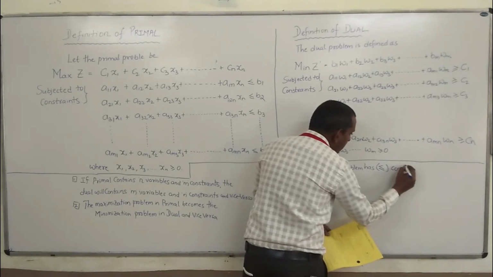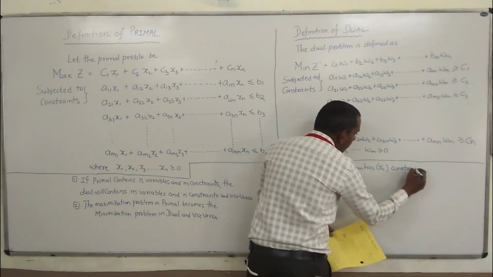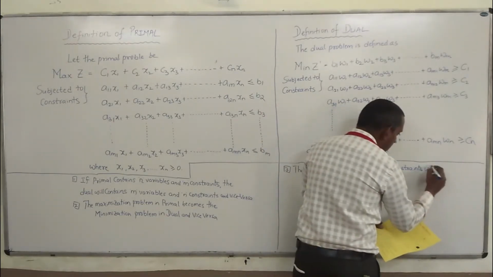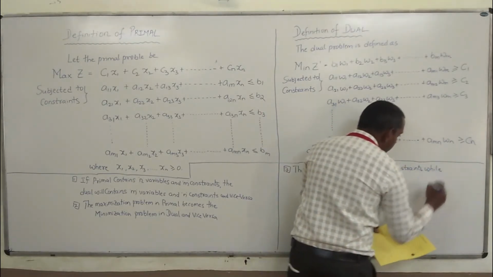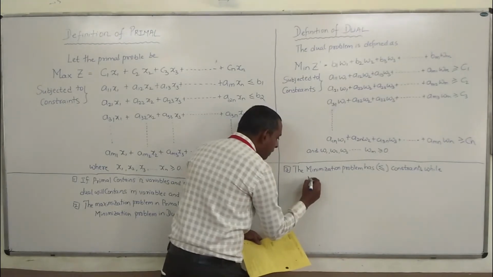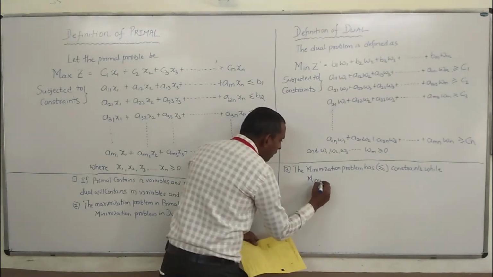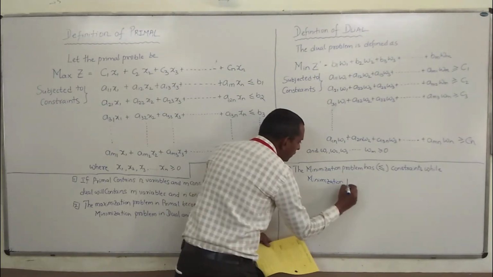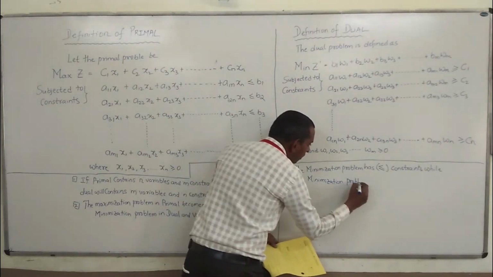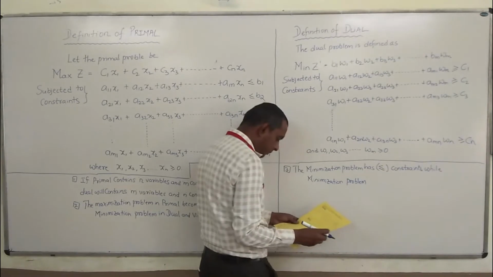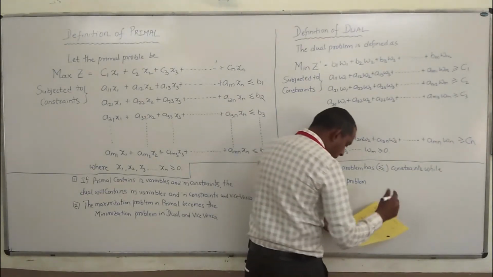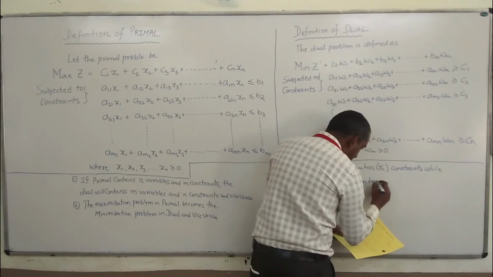Less than or equal to constraints, while the minimization problem has what?